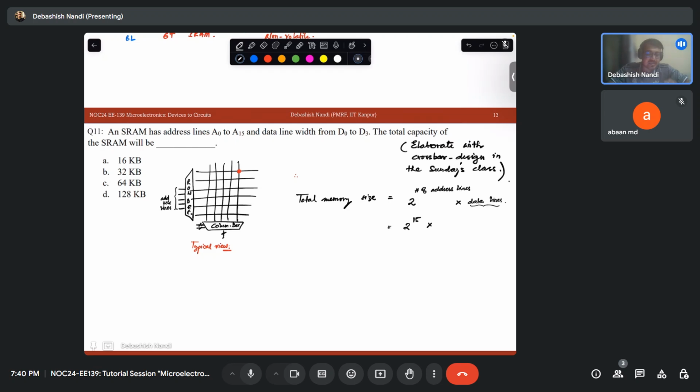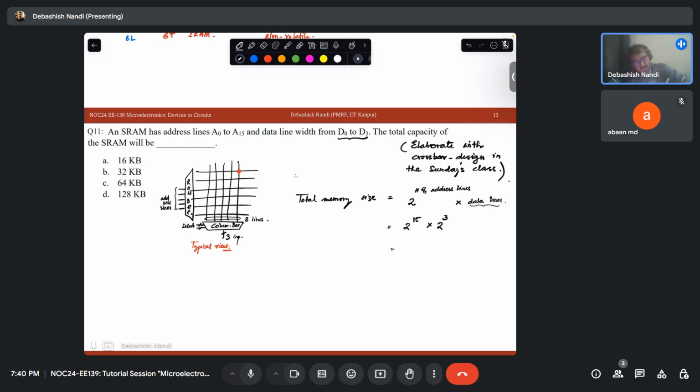There is a catch: in the question it is mentioned in bits. So this 3 will lead to 2 raised to 3, that means if these are the select lines and this is a 3 input, you will have 8 lines.